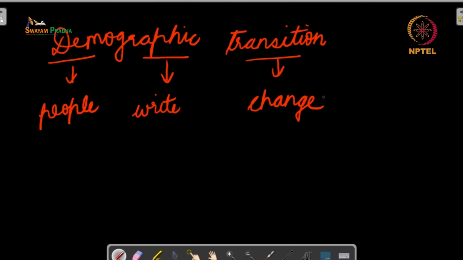So what kinds of changes can we foresee? Now, in the case of primitive societies, we have conditions of high birth rate and high death rate. The death rates are high because in primitive societies, there is no guarantee of food. There is widespread malnutrition.